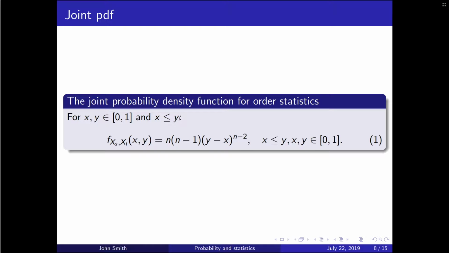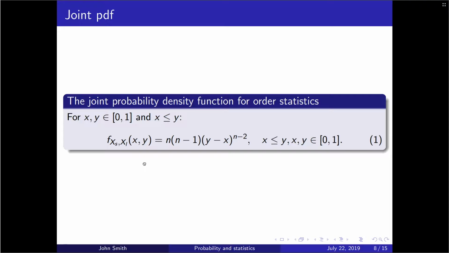Having this function is a great step in solving the problem, but we cannot use it directly. From the joint probability function, we can get the individual probability density functions for X sub S and X sub L, the smallest and largest values, the probability density functions we saw in the previous slides.